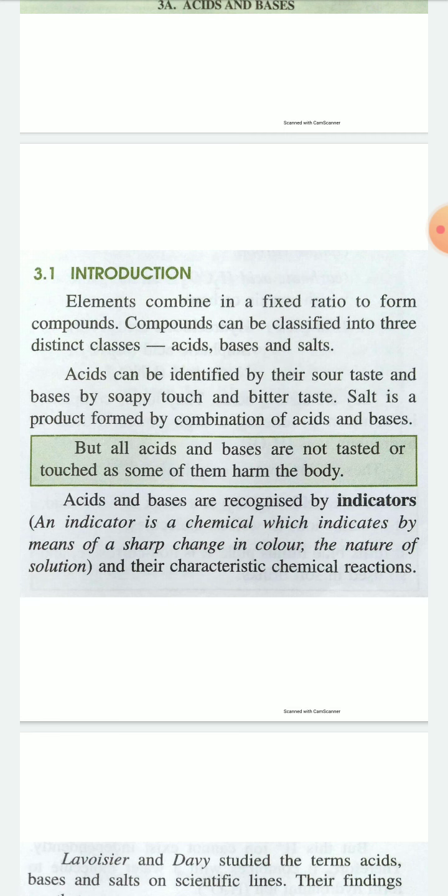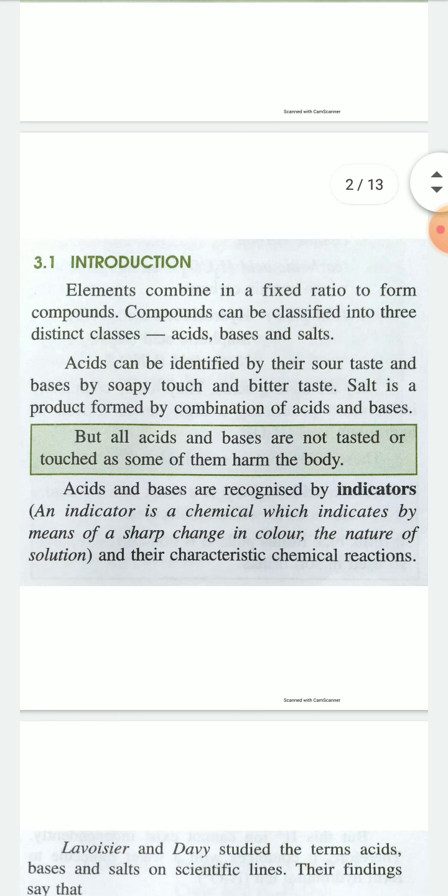That's why it is not possible to check in such a way. Acids and bases are recognized by using indicators. Using an indicator we can identify whether a substance is an acid or a base. An indicator is a chemical substance which indicates, by means of a sharp change in color, the nature of a solution and its characteristic chemical reactions.